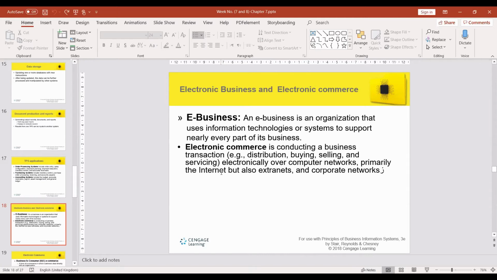So all your online shopping, usually online business, is called electronic commerce. So e-business can use e-commerce. We can say that.